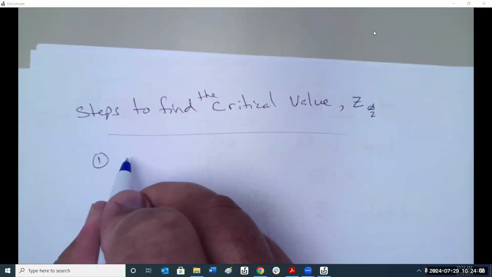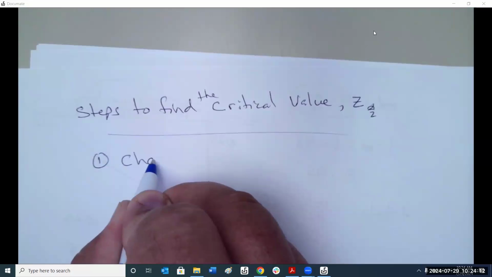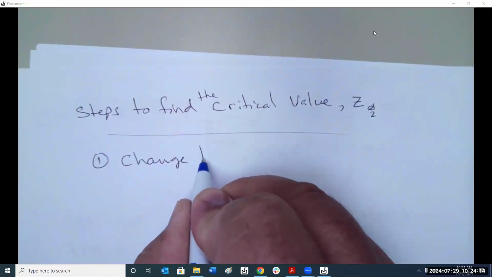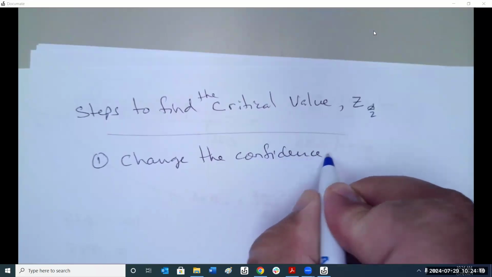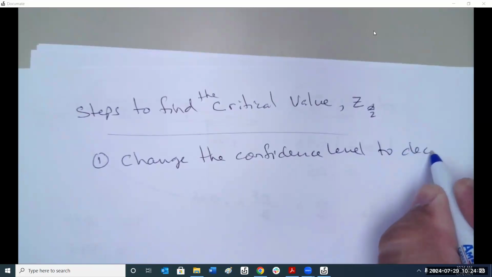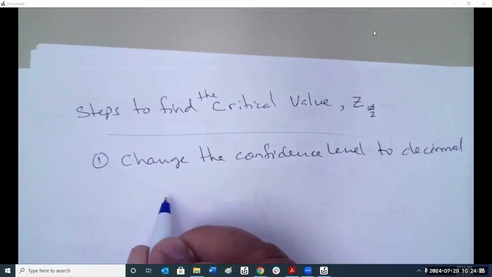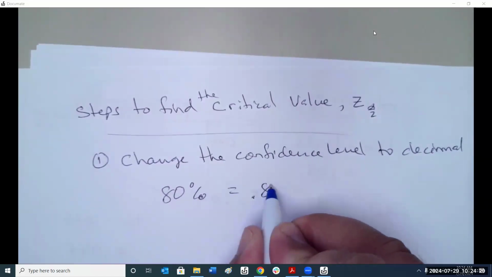First, change the confidence level to decimal. So we're saying 80%. We're going to go down to 0.80.